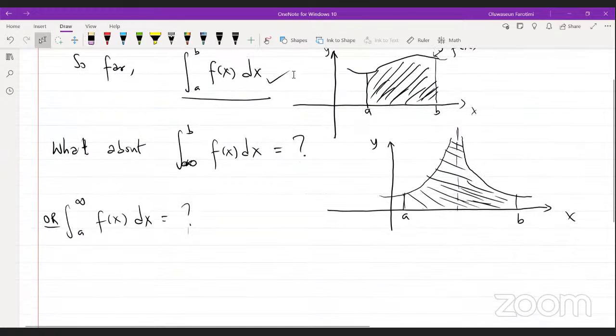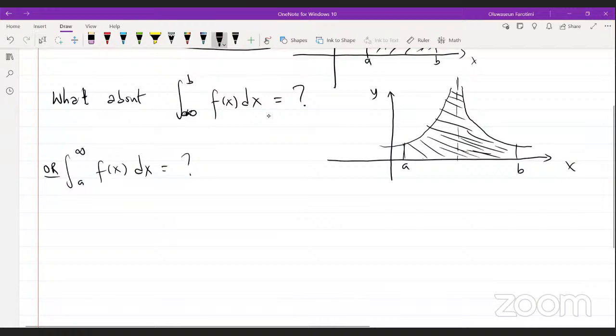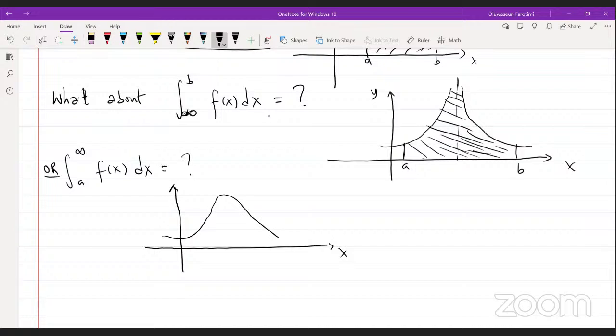Okay, let me make a sketch for that too. So this is still my x-axis. Suppose we have a curve that glides down, doesn't really touch x, but it flattens around x. This is still my y equals f of x, right?